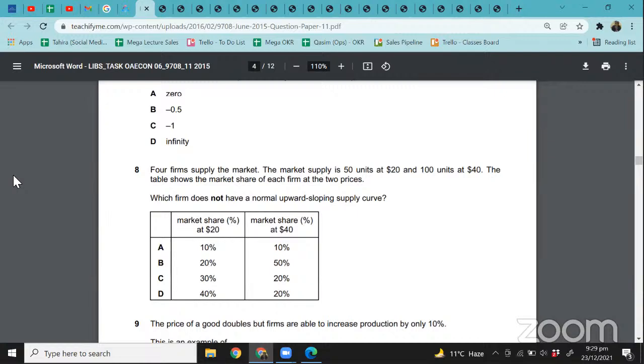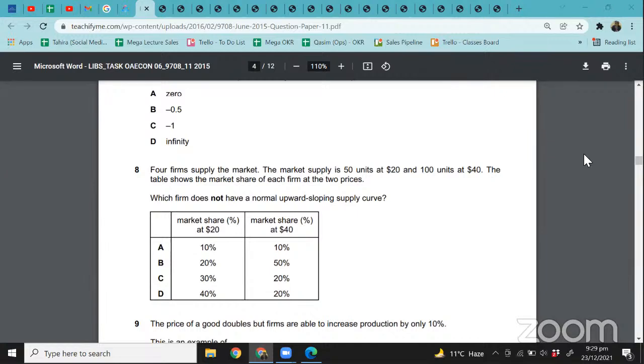Market share at $20, market share at $40. Interesting. Okay.